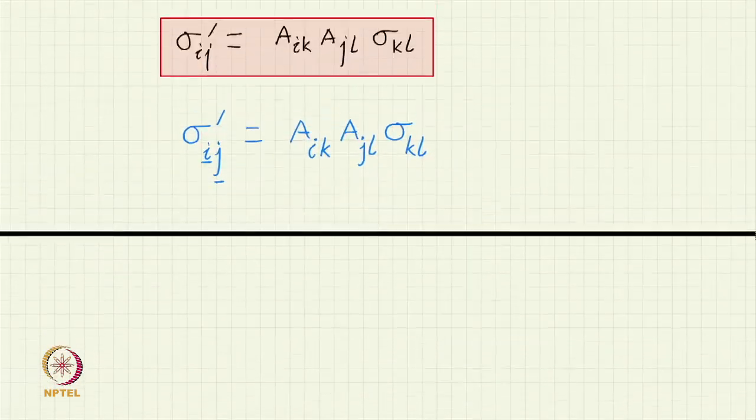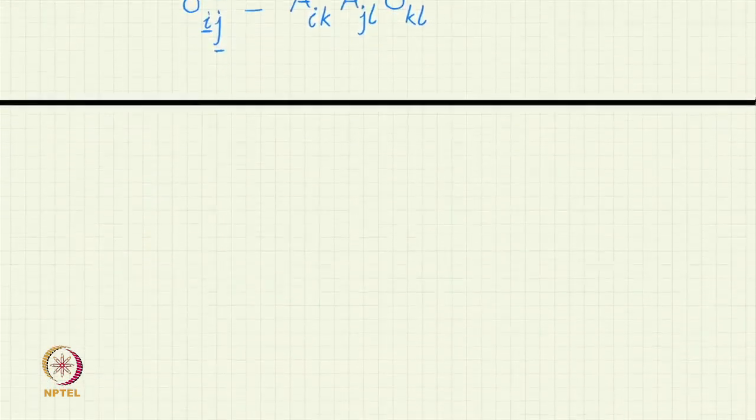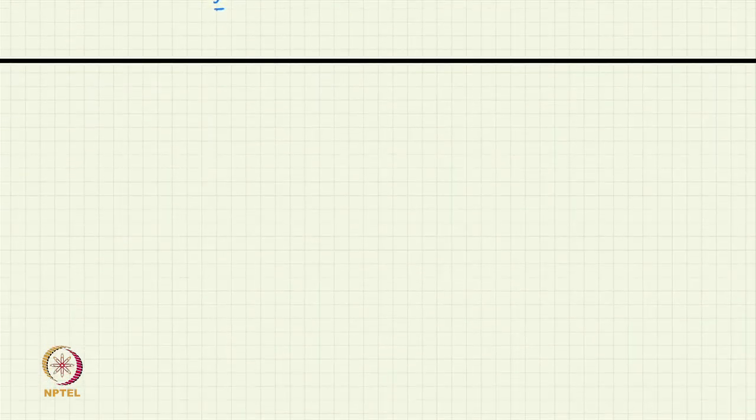Now, let us see whether we can relate this relation. There is a graphical way of finding this relation, and that is, let us say that we have an old basis and we have a new basis. In the old basis we have the vector j, in the new basis we have the vector j prime.